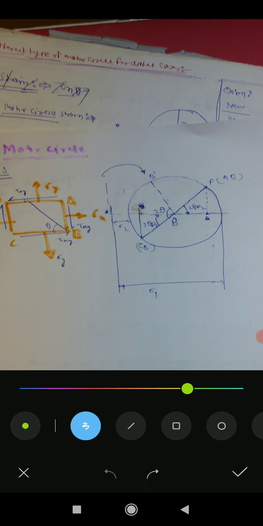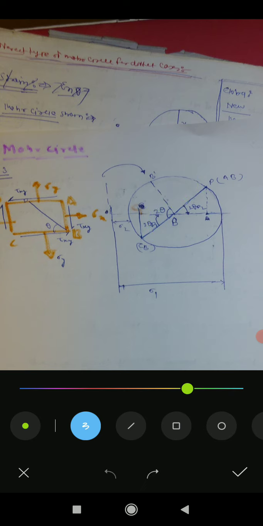If you want to take theta from AB to this plane, like this also you can go. From plane AB, this was the plane AB, and if you want to go like this clockwise, you can go clockwise also.